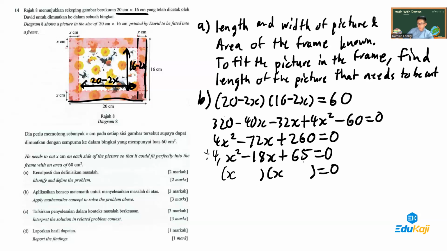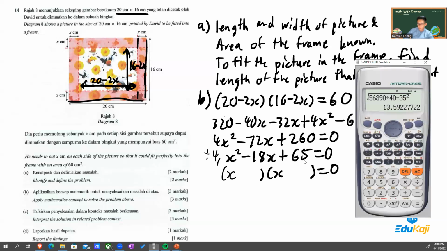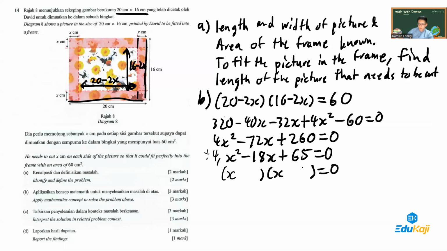Factors of 65, 13 times 5, minus minus. So x minus 5 is 0, x is 5, or x minus 13 is 0, x is 13.